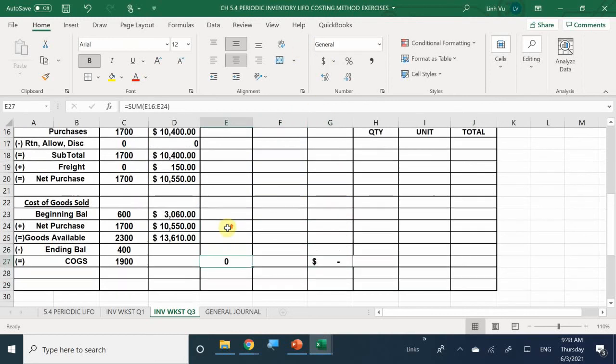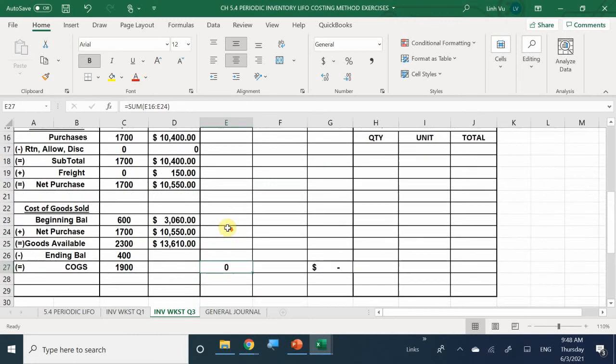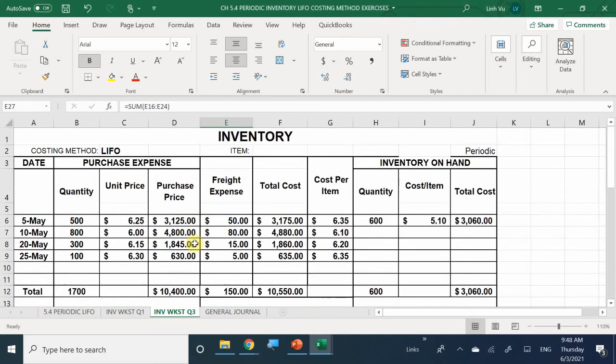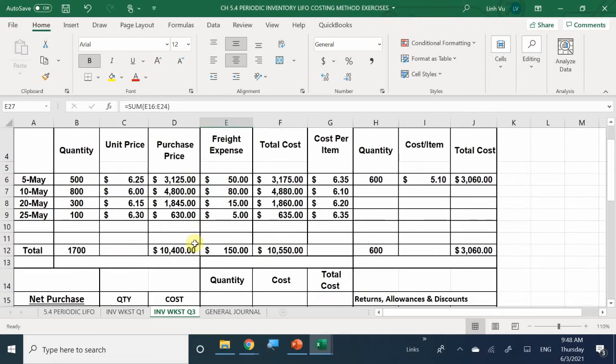All right, so let's go through which ones we sold. We have to get to a total of 1,900. We're doing LIFO, so which batch are we going to take away from first? The last batch, which would be May 25th.